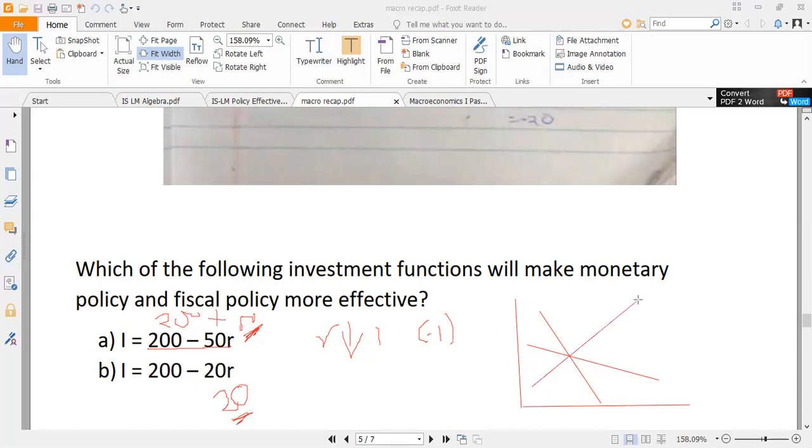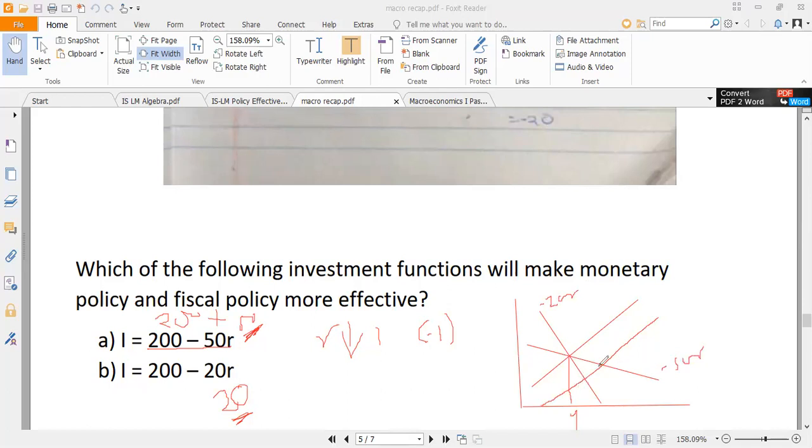Now this is our initial LM curve. So just assuming there is a monetary policy, there's an increase in money supply. So this is our initial Y. If they increase money supply, the LM curve will shift downwards. So we want to know how effective this policy will be on the two curves. This is for the minus 20R, and then this is for minus 50R.